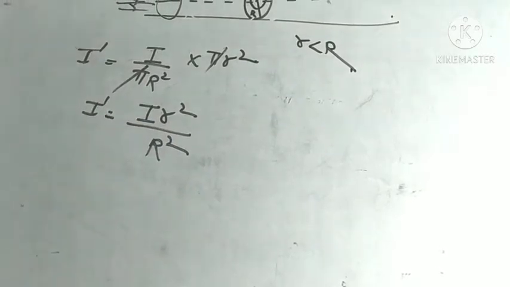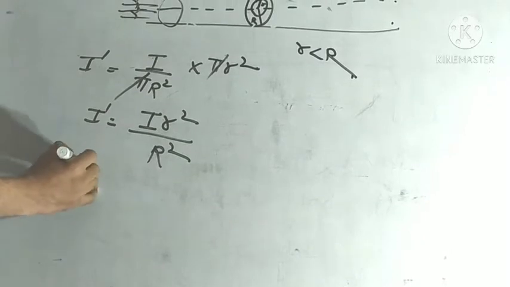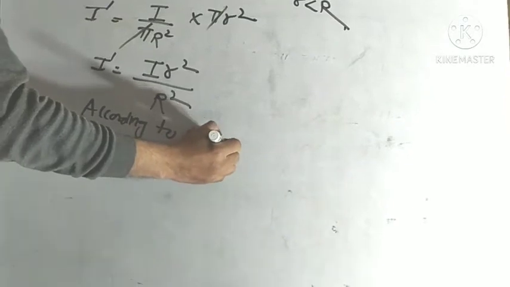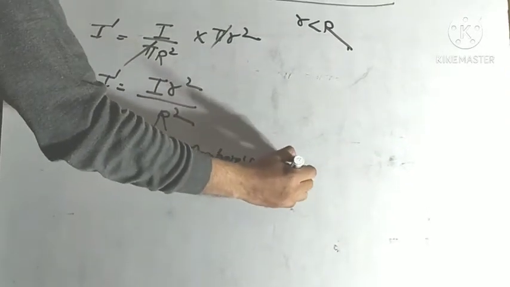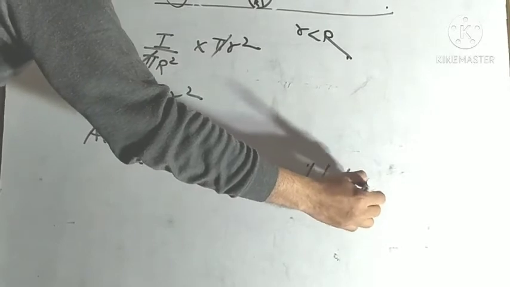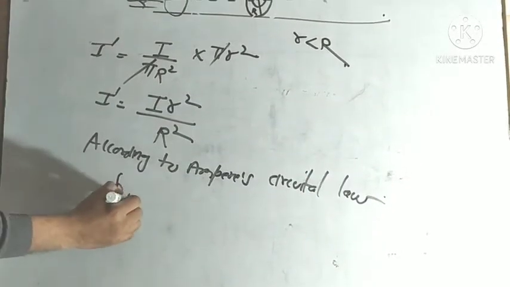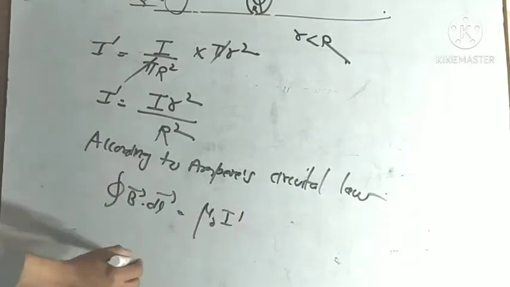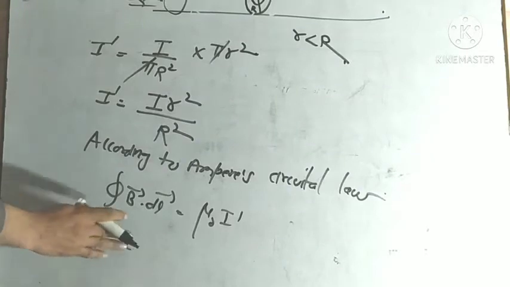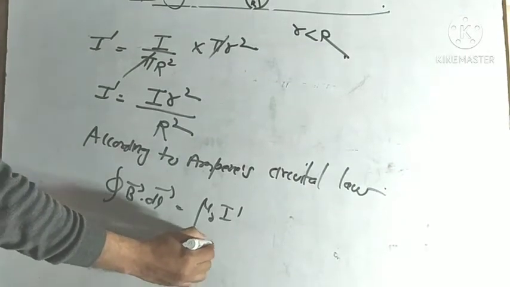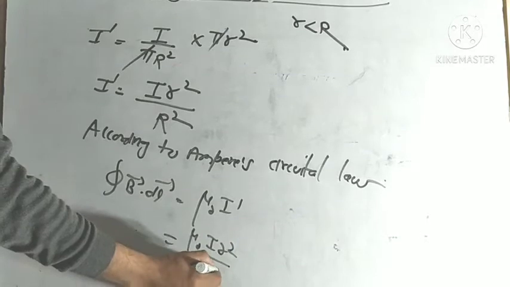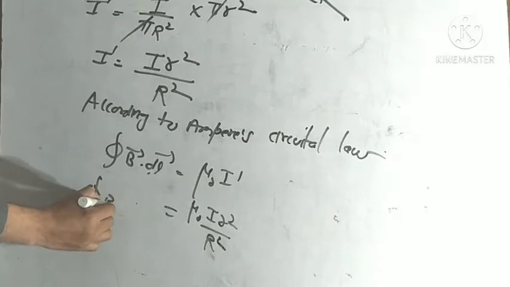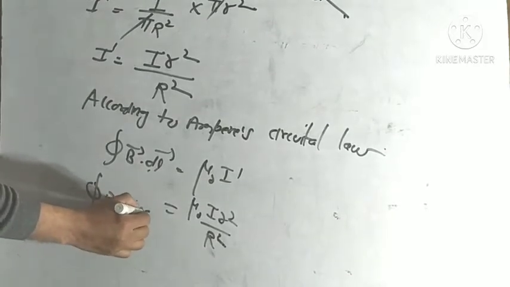According to Ampere's circuital law, the closed integral of B dot dl is equal to mu naught I dash. We put the value of I dash here, mu naught I r square upon capital R square, and here B dl cos 0 degree.